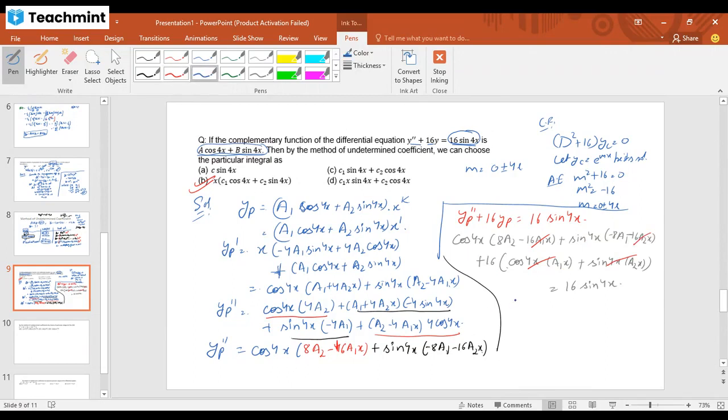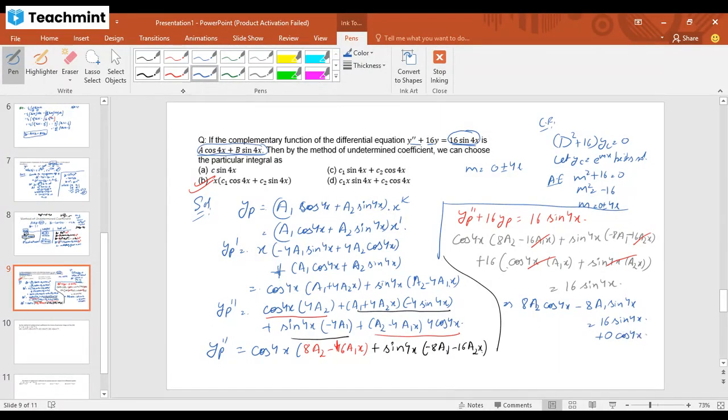What we are left with is 8a2 cos 4x minus 8a1 sin 4x equal to 16 times sin 4x. But there is no cosine term on the right, it means its coefficient is 0.